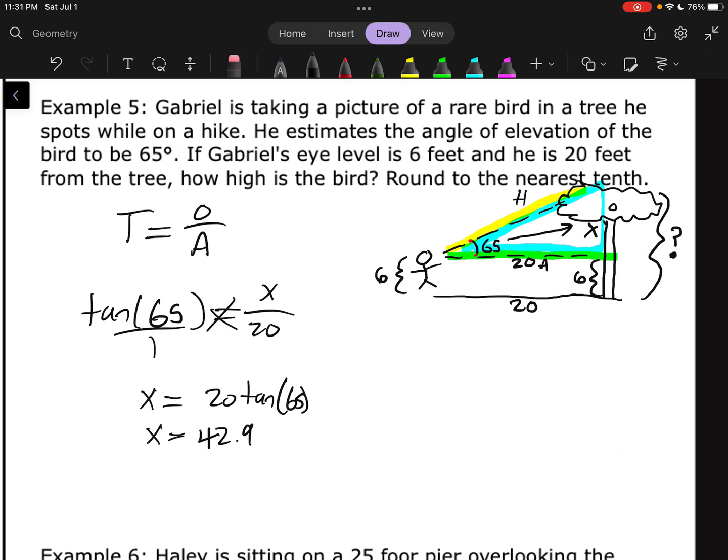That's 42.9 feet. That's x, but remember, that does not take into consideration the 6 feet above the ground that this whole thing is taking place at. So really we want 48.9 feet, and that will include the 6 feet of Gabriel's height. So we have to add that back in at the end.